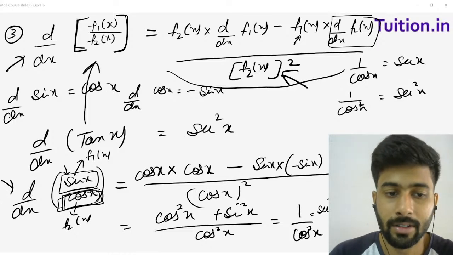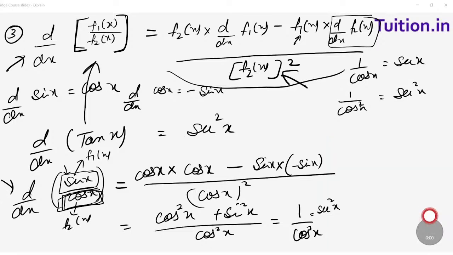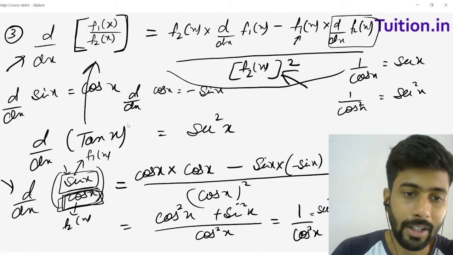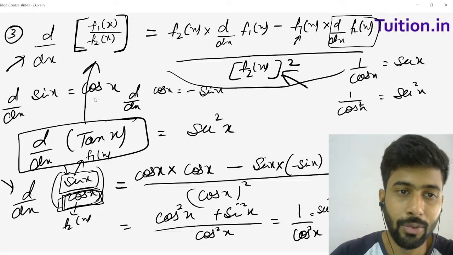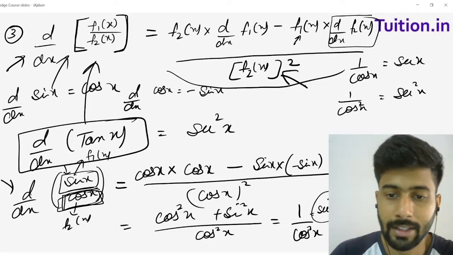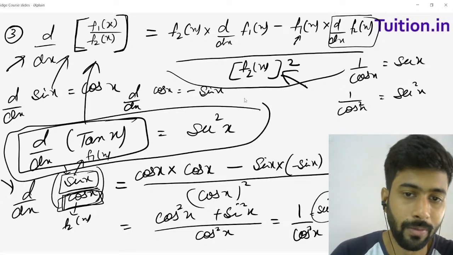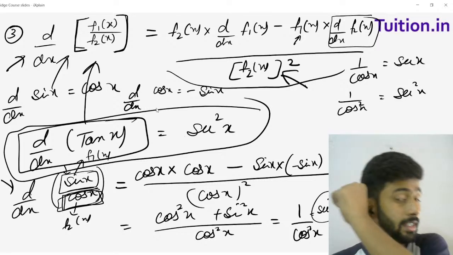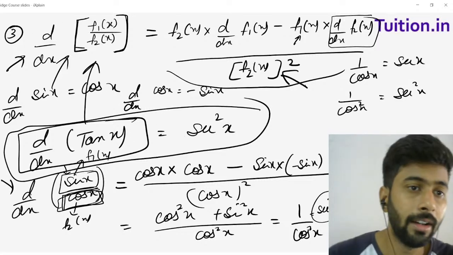I can write it as secant square x. So can you see? We were successfully able to derive it. Like we can derive the differential for tan x using the quotient rule as secant square x, like we can derive this formula also. I hope you guys understood the whole derivation, right?